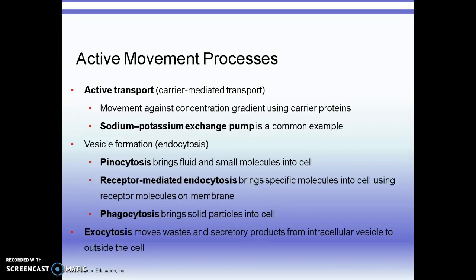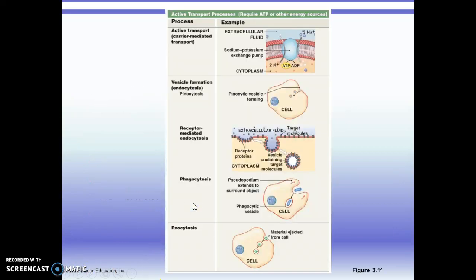Exocytosis is the movement of any product out of the cell from a vesicle. And here are these processes that we've just talked about. Carrier-mediated active transport, and vesicle formation: pinocytosis, cell drinking, receptor-mediated endocytosis, and phagocytosis.